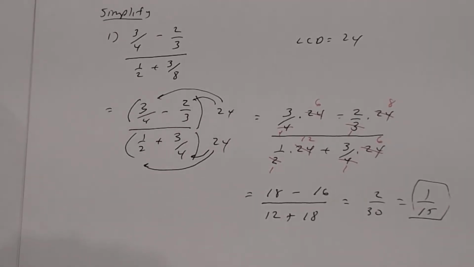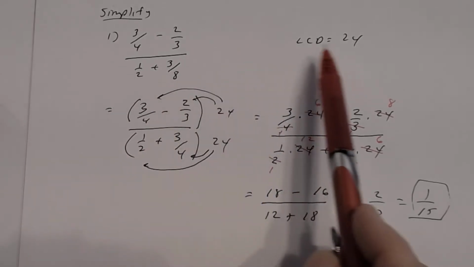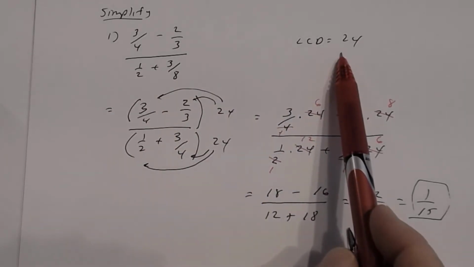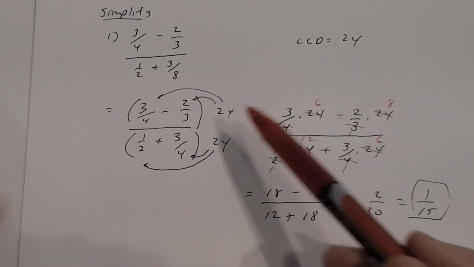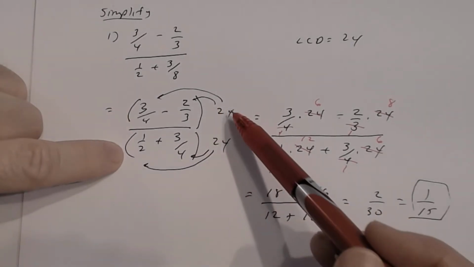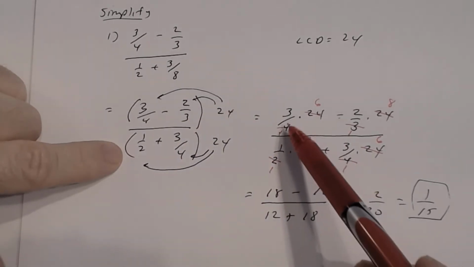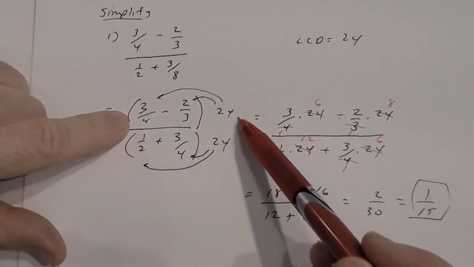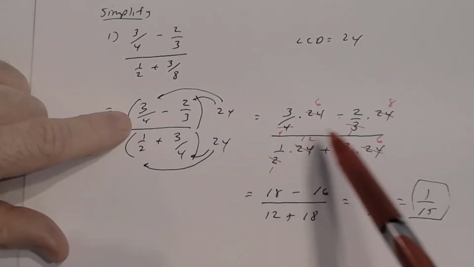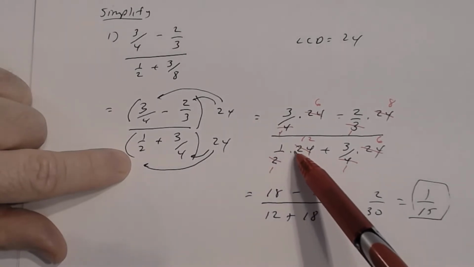So method 2, let's remind ourselves, says this. I look at all the denominators and I find the least common denominator. Once I find the least common denominator, then I'm going to multiply every term in the numerator and every term in the denominator by 24. So you can distribute, and that's what you're seeing here. 3/4 has to be multiplied by 24. 2/3 has to be multiplied by 24. 1/2 has to be multiplied by 24.